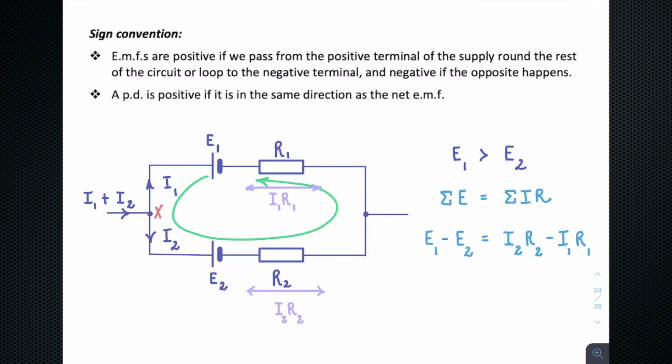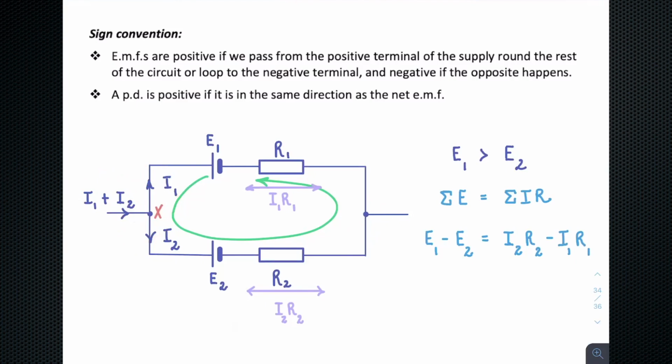Considering the first law at junction X, if we label the current through E1 as I1 and that through E2 as I2, then the total current entering the junction must obviously be I1 plus I2. So that is how we are applying Kirchhoff's first law at junction X. Same if we had to apply it here.